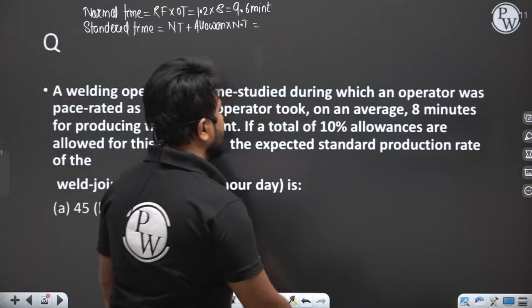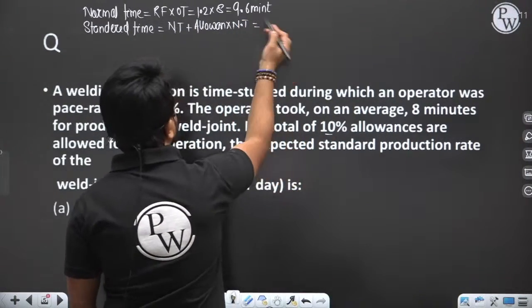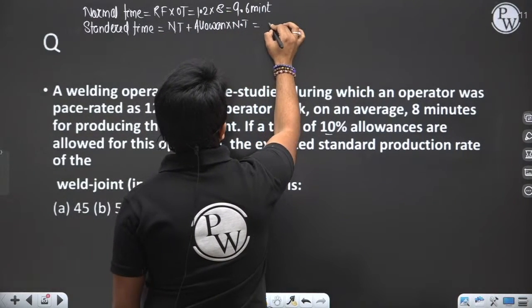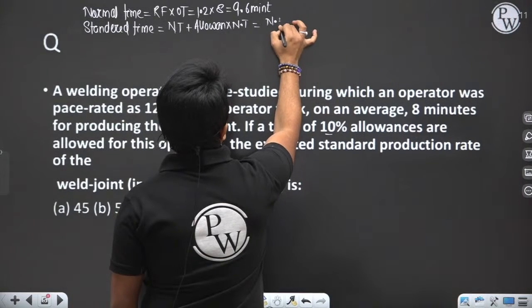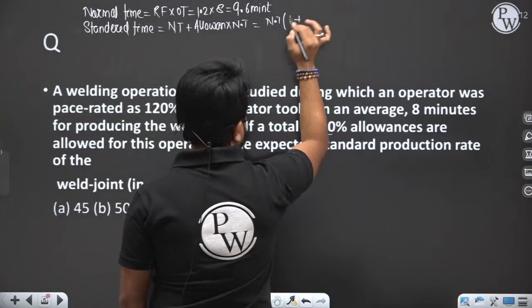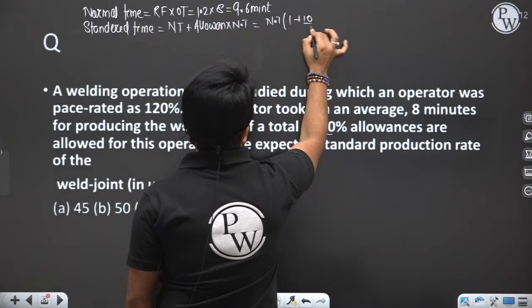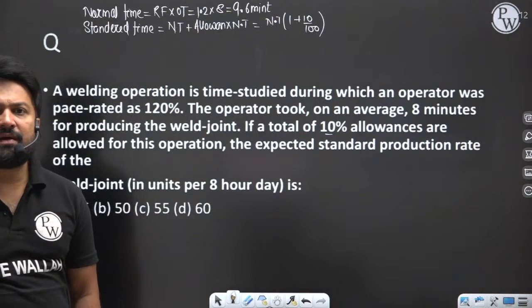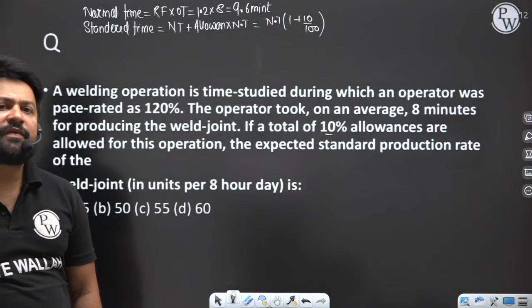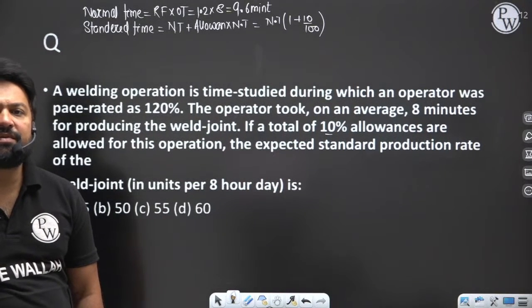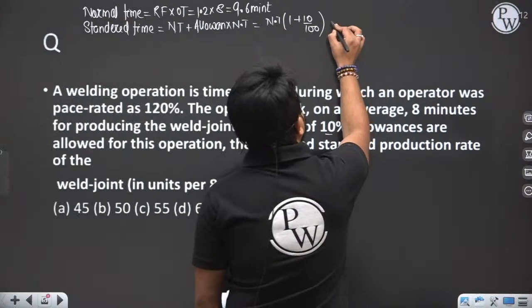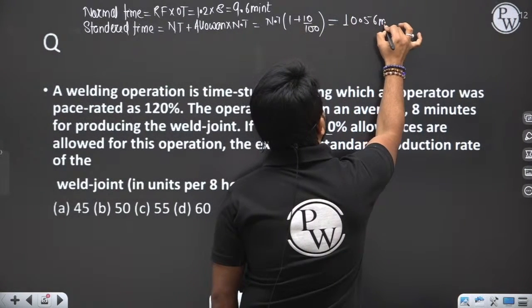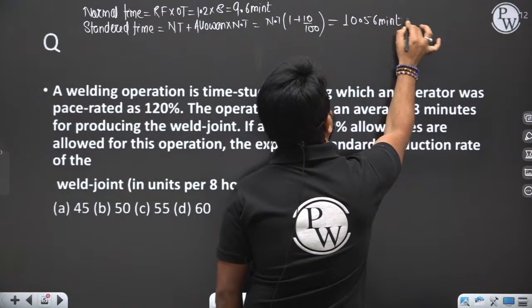Here 10% allowance is given of the total time. So the standard time is normal time times (1 plus 10 by 100). It comes to about 10.56 minutes.